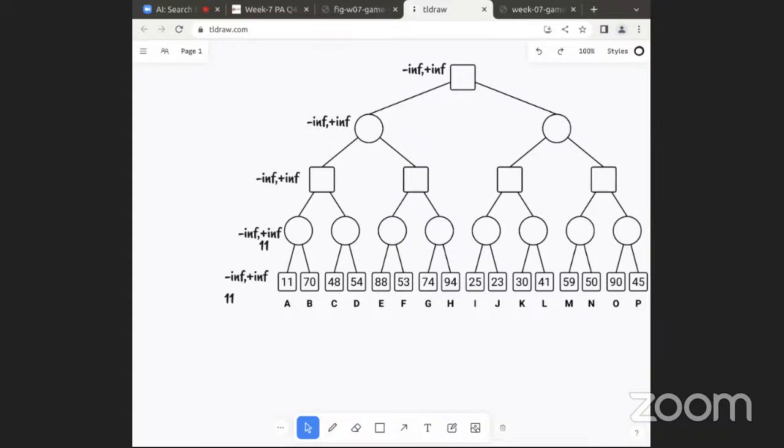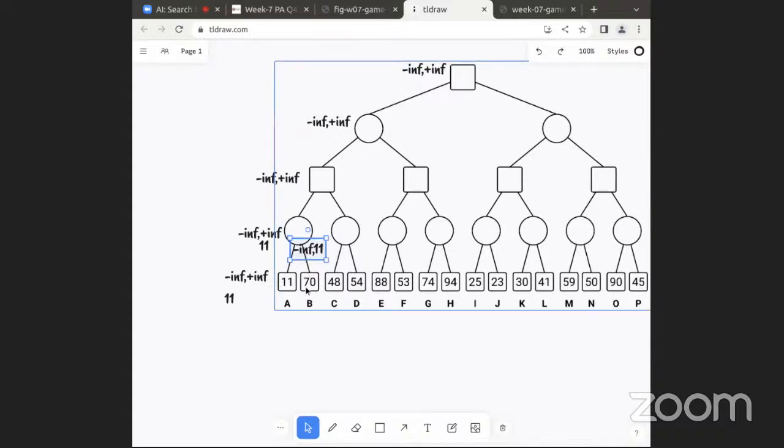The value parameters being passed to the next child: alpha did not change, which is minus infinity, but the beta value got changed, which is 11. So what will be passed here is minus infinity, comma 11. So it's going to go into B, and then B is going to return 70.